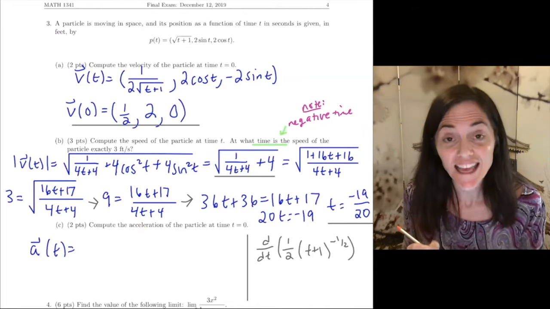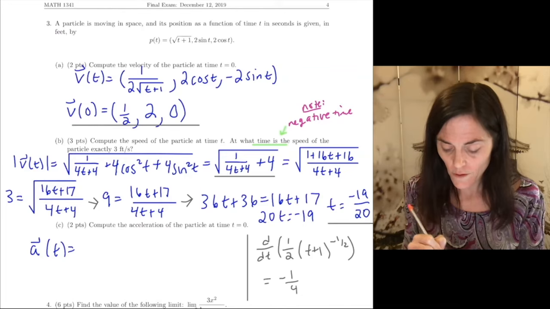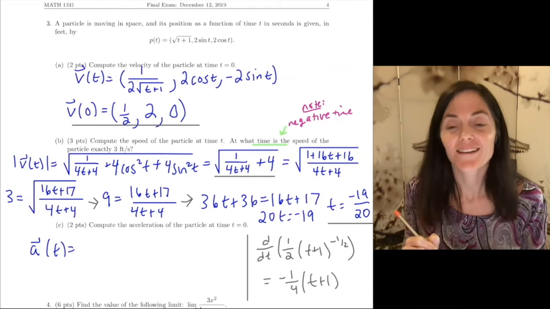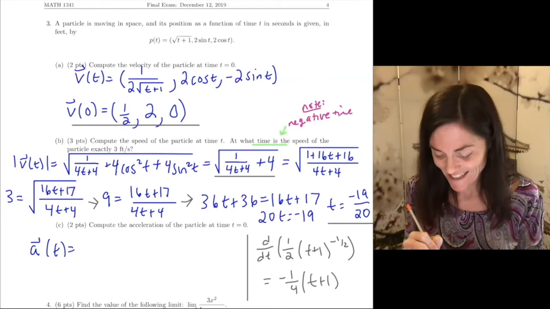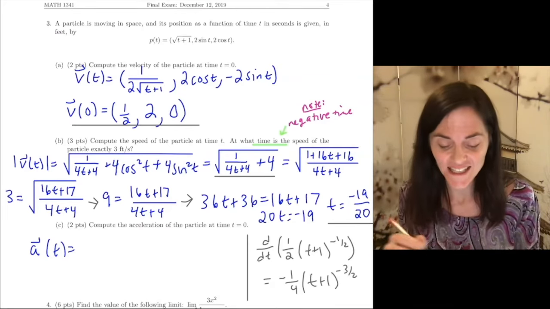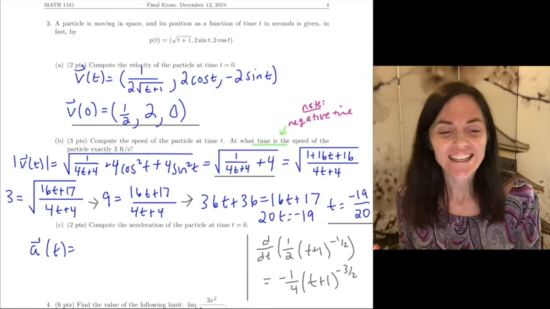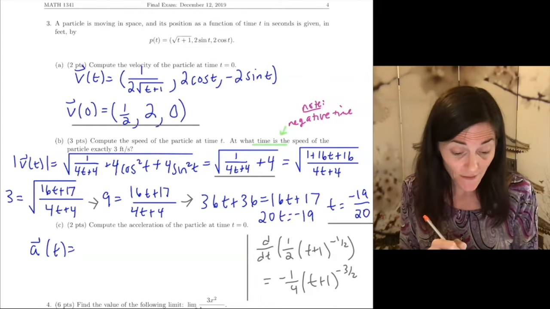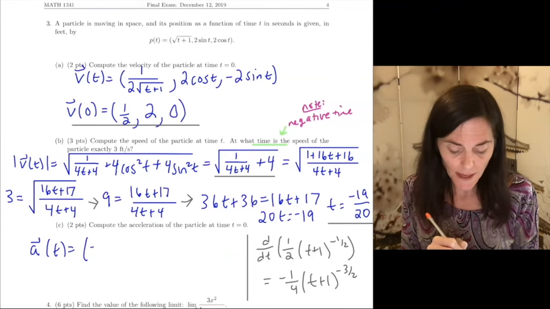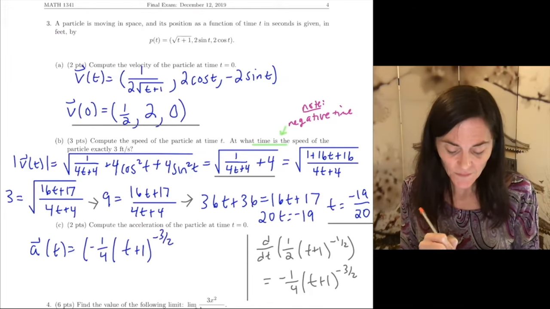And when I differentiate this, I get minus 1/4 (t plus 1), now power minus 1, this is minus 3/2. Okay, then times derivative of the inside function, which would give me times 1. So here, the first component of acceleration is exactly this. It's minus 1/4 (t plus 1) to the minus 3/2.